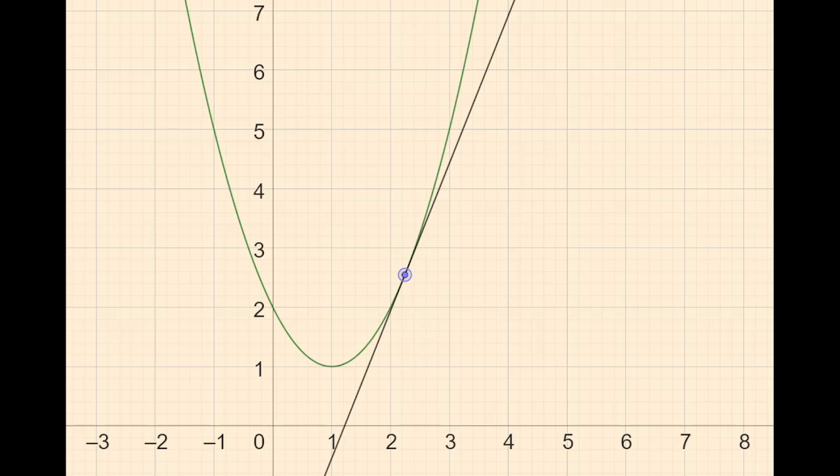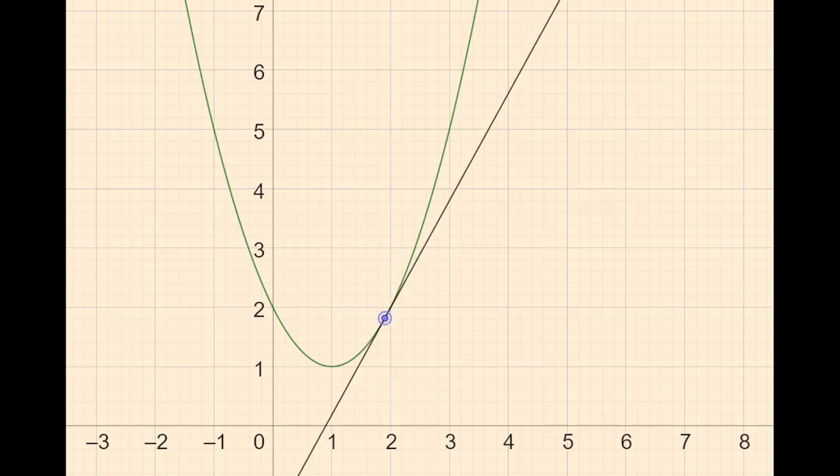So instead of getting a line that crosses our curve at 2 different points, we set up a tangent line. And a tangent line is only going to touch the curve at 1 point. And if we get the slope of that tangent line, then we effectively get the slope of that curve at that point.